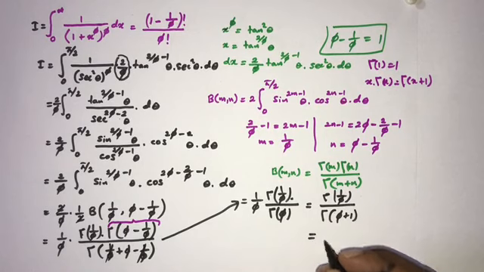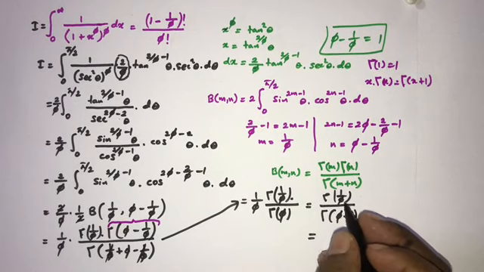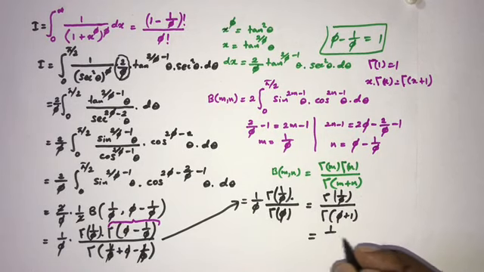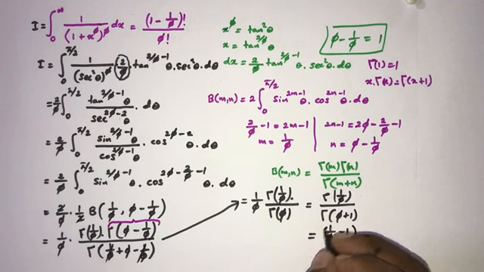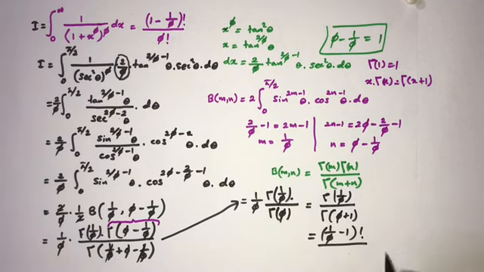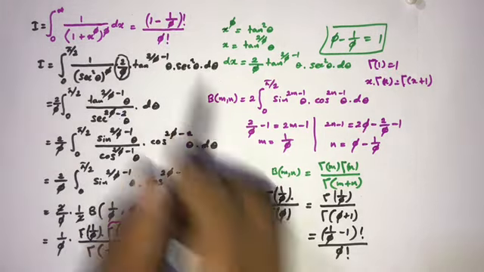Okay, now we can write this is equal to 1 over 5 minus 1 factorial over 1 over 5 factorial. Okay, this is the answer.